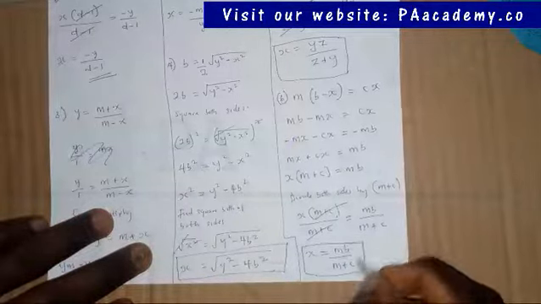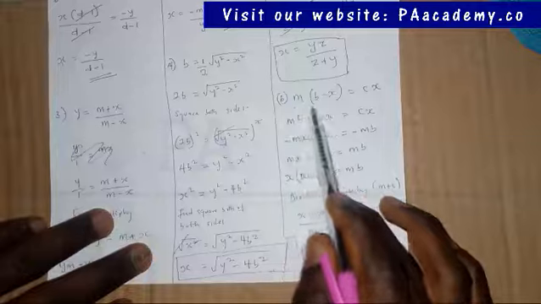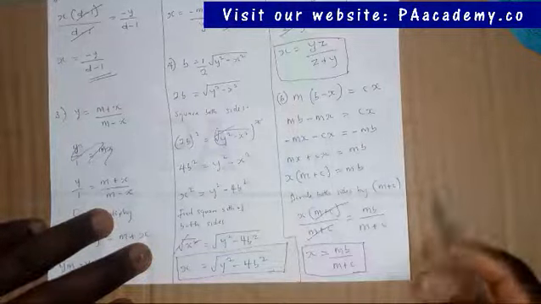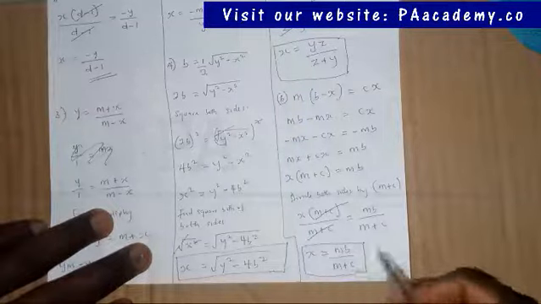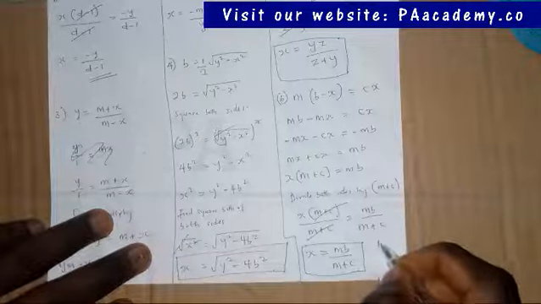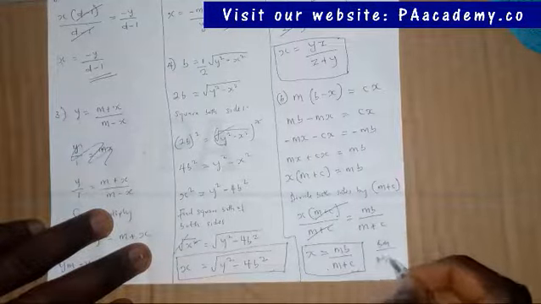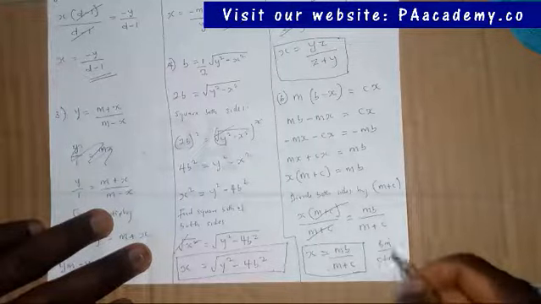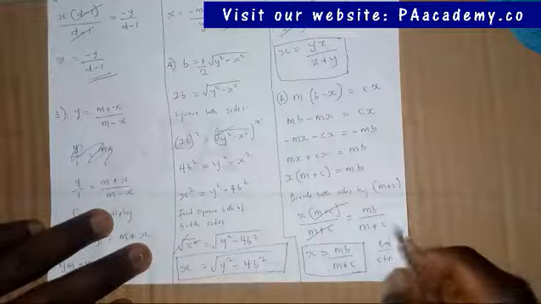So this is what we'll get if we make x the subject of the formula in this particular expression. Depending on how you arrange it, you might get maybe bm over c plus m. You are still correct. Since you are multiplying alphabets, whichever one you put first, you are still correct.